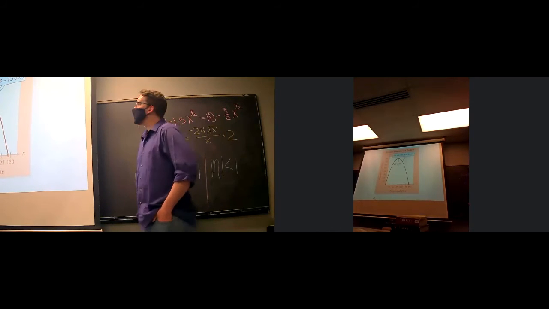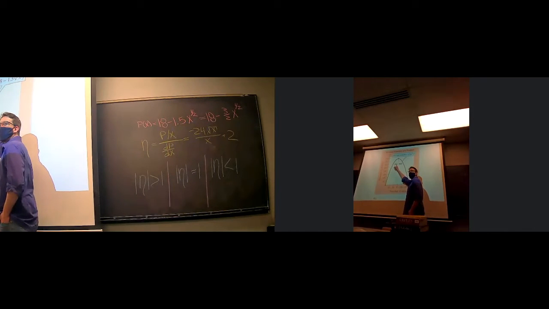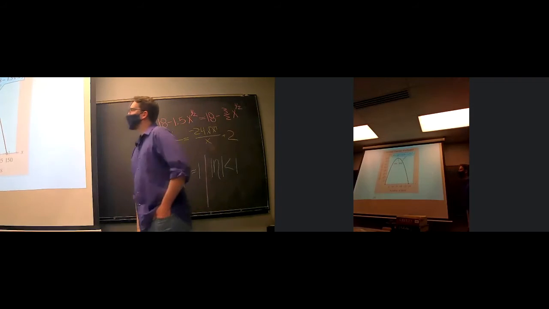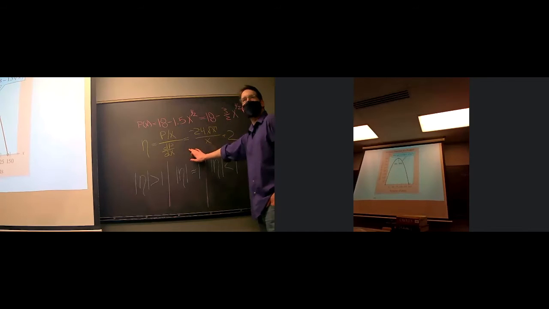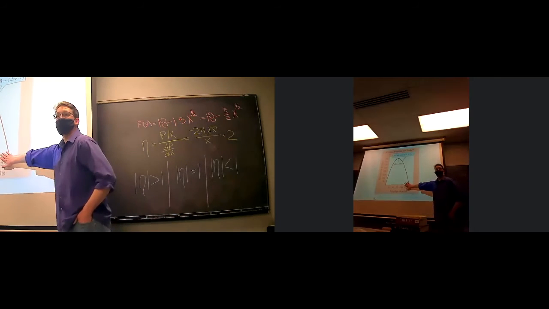looks kind of like a parabola. Notice that it peaks at 64, where we had unit elasticity show up. So this elasticity function is telling us something about the revenue function, right?